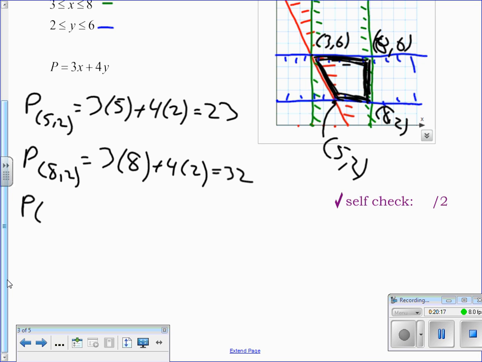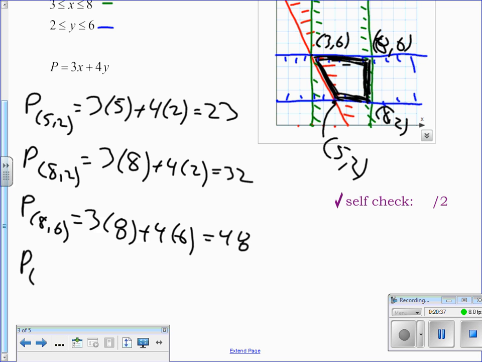Continuing around anti-clockwise, 8, 6. 3 times 8 plus 4 times 6. 24 plus 24, I get 48. And then last but not least, 3, 6. 3 times 3 plus 4 times 6. 9 plus 24 is 33.